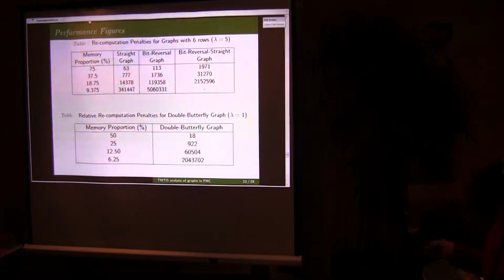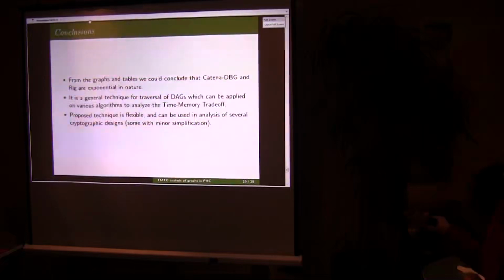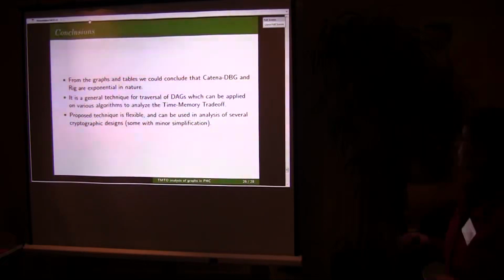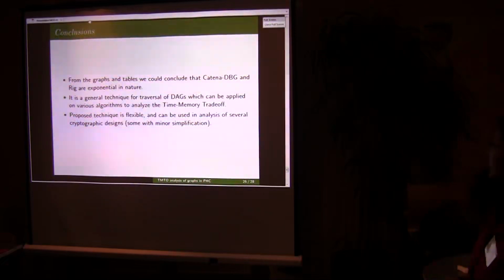By this table, we come to the conclusion that Rig and Catena is exponential in nature, and this is a very simple technique to analyze the time-memory trade-off.